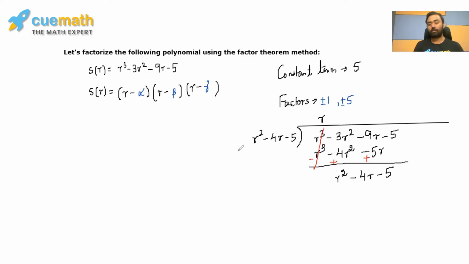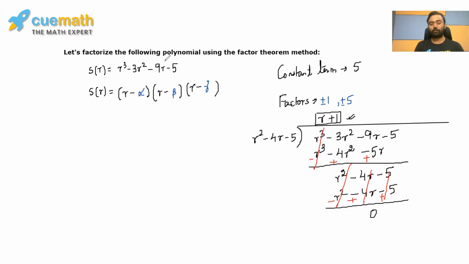Now, r square minus 4r minus 5 times plus 1 will give you r square minus 4r minus 5. And if we change the sign, so basically these three will cross out and the remainder would be 0. Hence, we get the third factor, that is r plus 1.